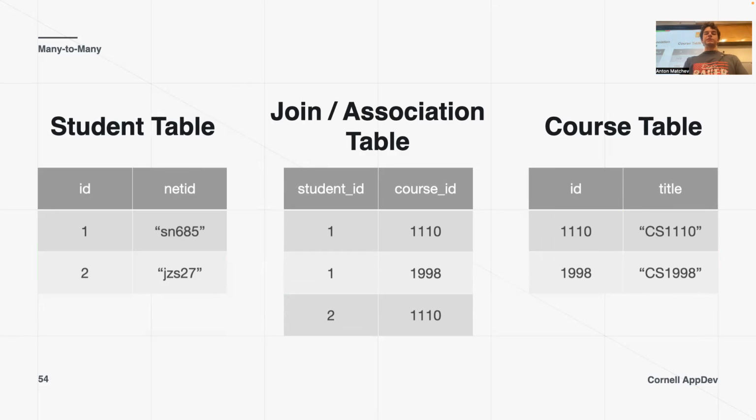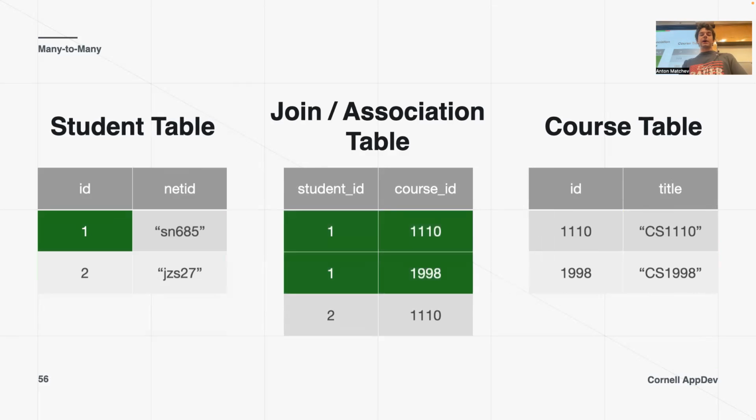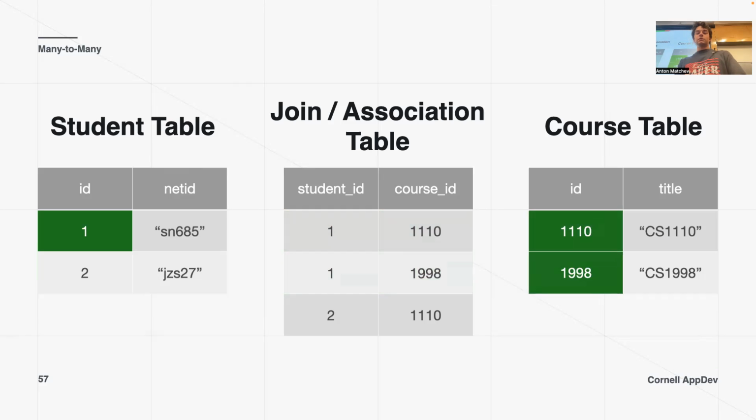What this association table does is basically two foreign keys: one column is going to reference the student ID, and it's going to relate it to another foreign key, which is the course ID within this association table. So we have a student with ID 1. We see that the courses that the student of ID 1 is in are 1110 and 1998. And these correspond to the names CS 1110 and CS 1998.